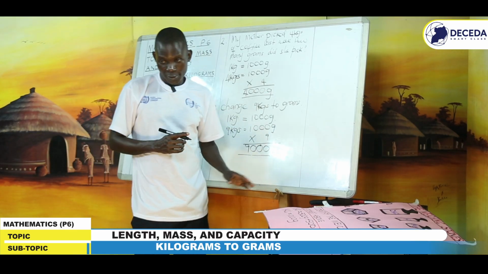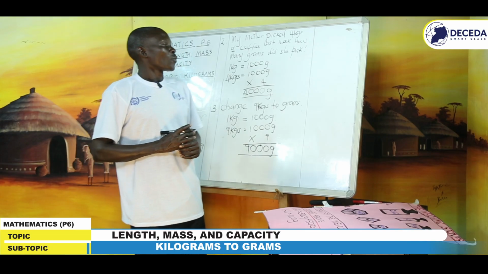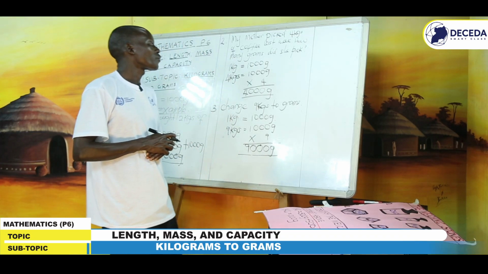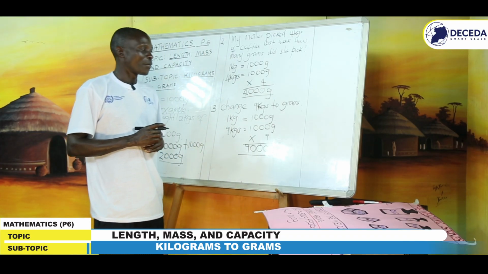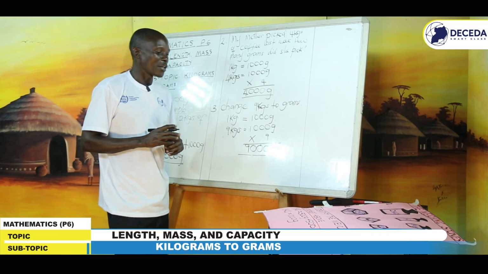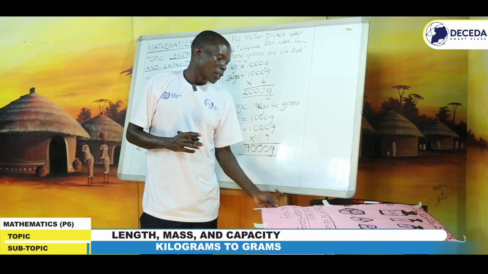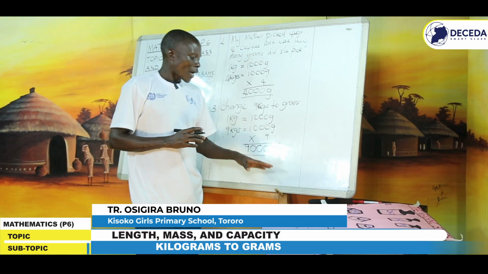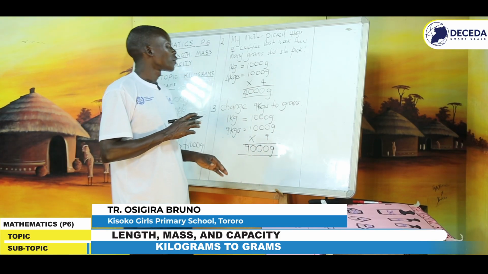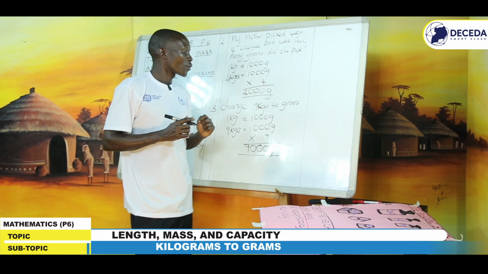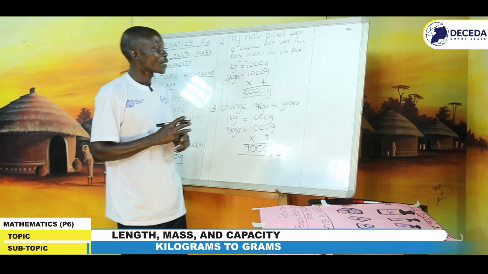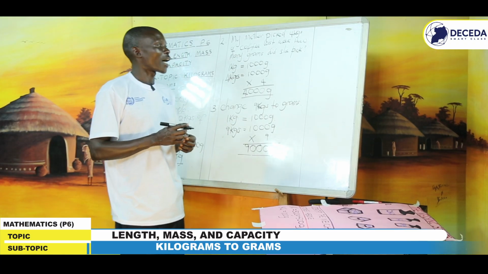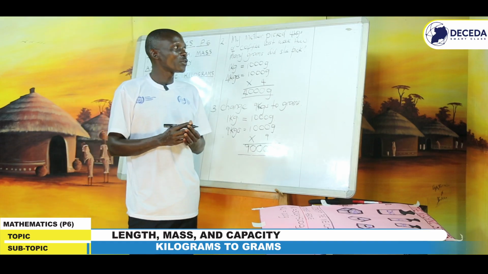Still, you are right. Now, before I end this lesson, I want you to get the materials you have and note down the following kilograms, change them to grams, and after that put them in our comment section, so that next time when we meet again for the next lesson, we shall be able to go through and check.